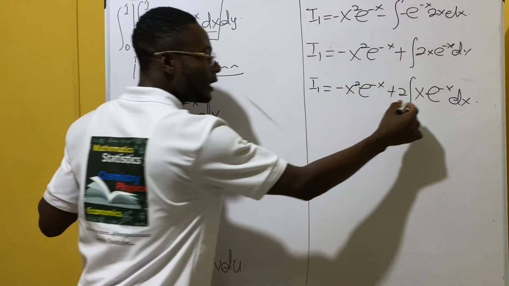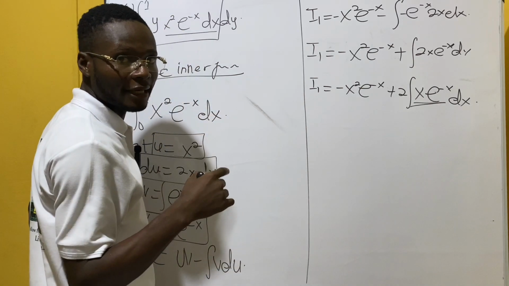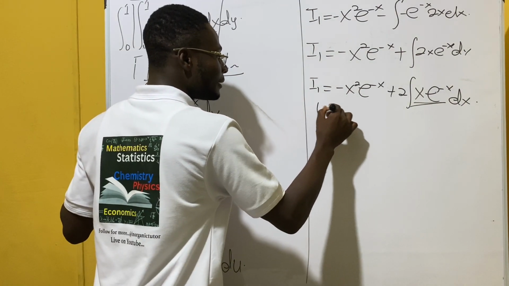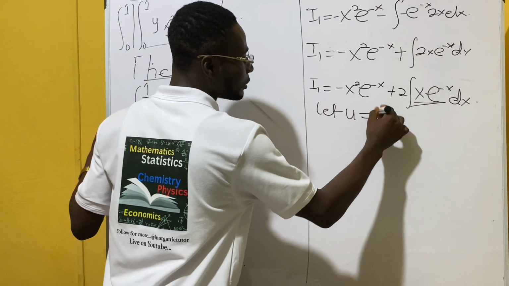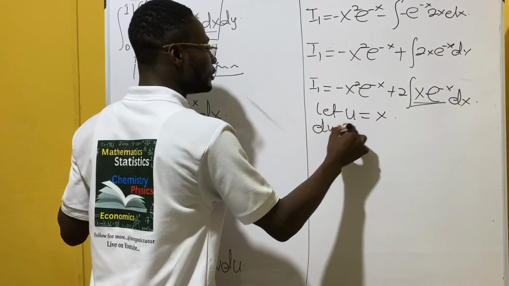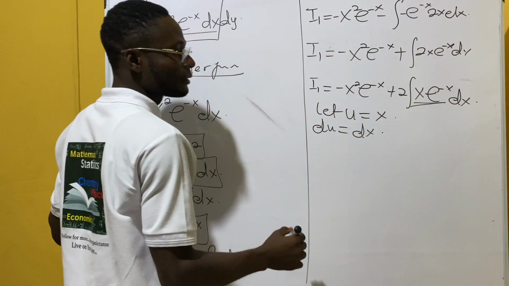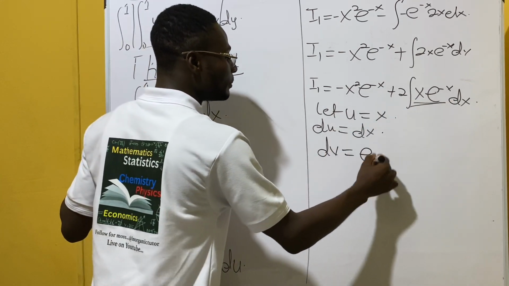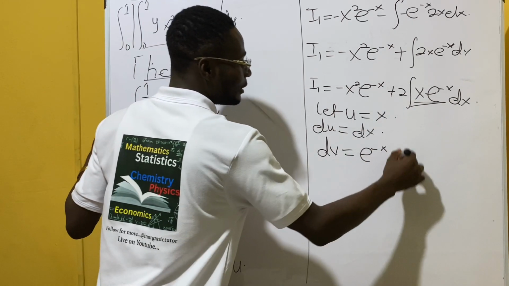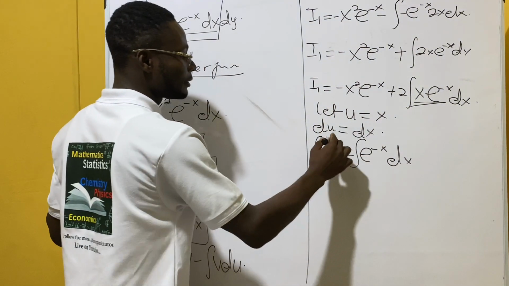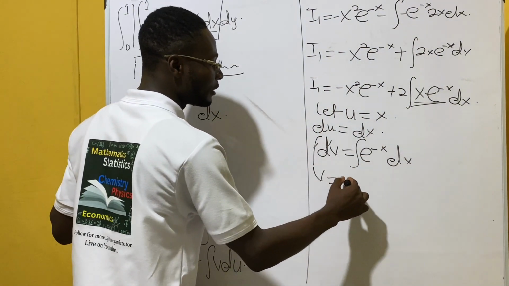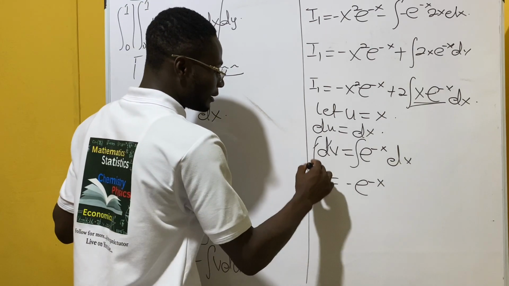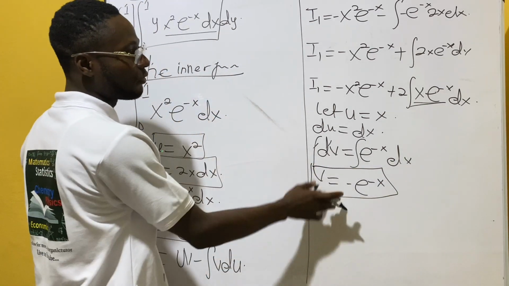Here we have to go by parts a second time. Let u equal x, so du is equal to dx. Now we have dv equals e power negative x dx, and v equals negative e power negative x. So we have all the parameters.